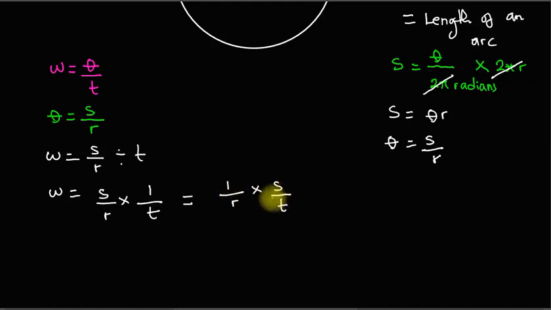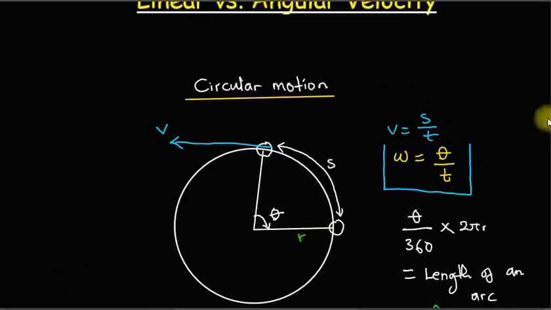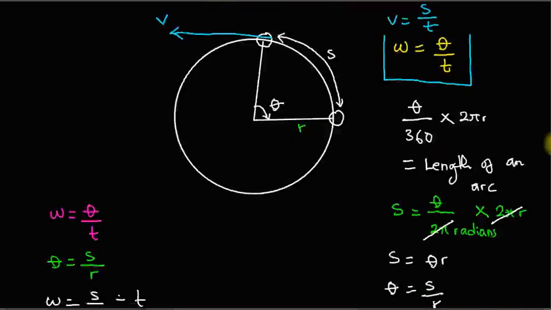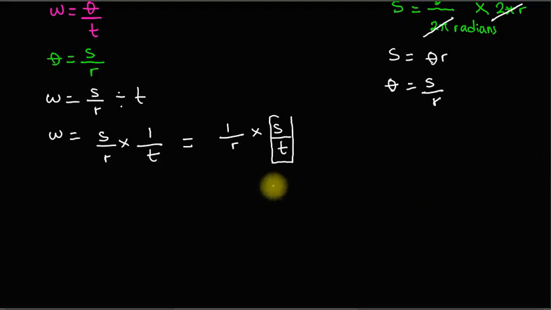The reason I did it like this is because distance over time, recall, is equal to velocity. So we can say that W is equal to velocity all over r.